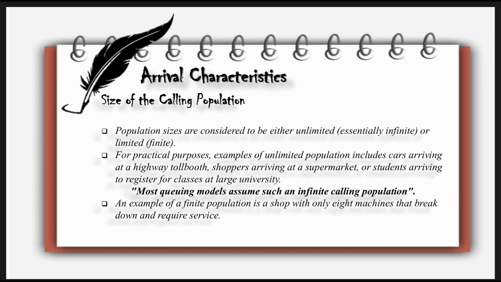So, paano nga ba natin makonsider yung isang population, whether it is unlimited or limited? When the number of customers or arrivals on hand at any given moment is just a small portion of potential arrivals, syempre, yung calling population natin is undoubtedly considered as unlimited.